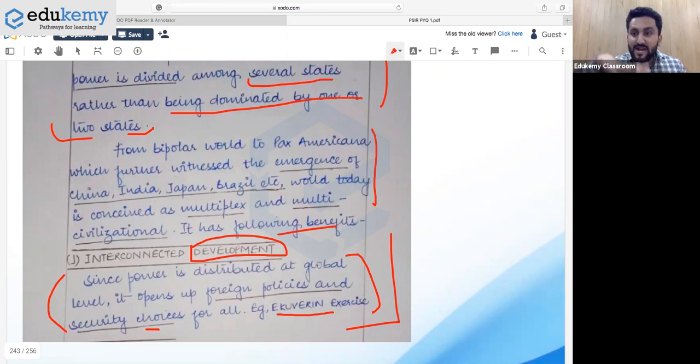Multipolar world order itself says that, because now we are not bipolar. Earlier, in a bipolar world order, whenever you needed technology, capital, or some security engagements, you had only two choices. Either you look towards the USA or you look towards the USSR.